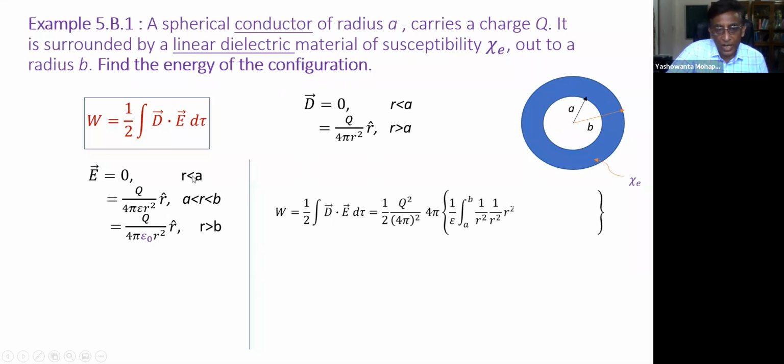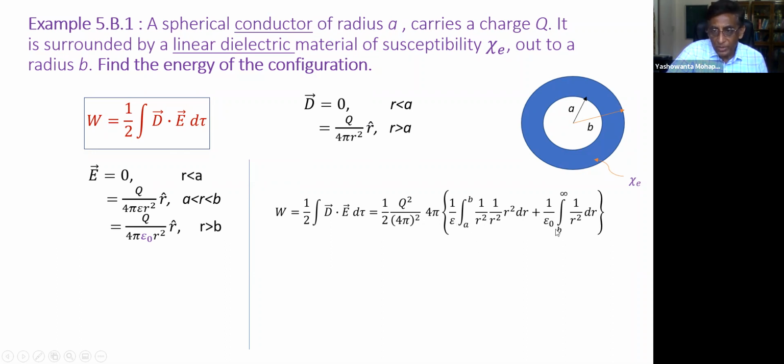So r less than a, of course, gives a contribution that is 0 because E is 0, D is 0. Then I am worried about the contribution from the first term, that is a to b. Here, of course, is 1 by epsilon, and then 1 by r square, 1 by r square, each coming from one from D and one from E, r square dr, and 1 by epsilon naught from b to infinity.